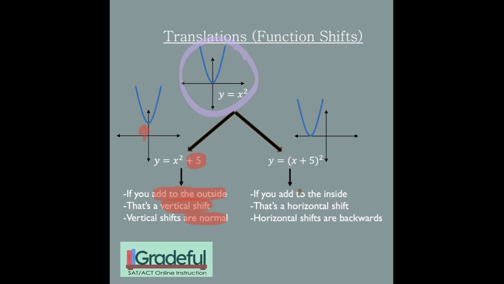If, on the other hand, you add to the inside of it, by the inside, I mean replacing x with x plus 5, that would be a horizontal shift, and those are backwards. Normally, positive is to the right and negative is to the left. So here, positive would be to the left. So this would be left 5. In f of x language, this would be f of x plus 5, and this would be f of x plus 5.